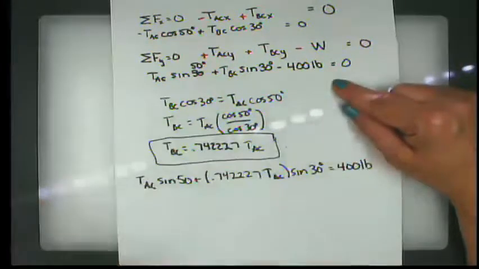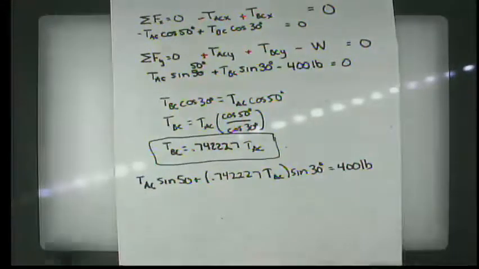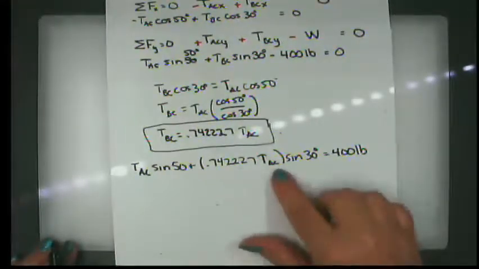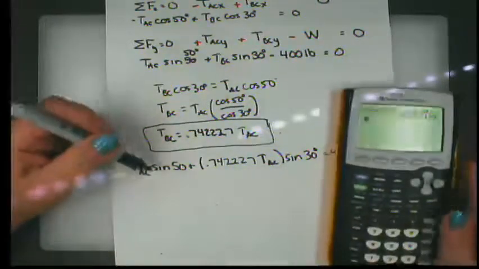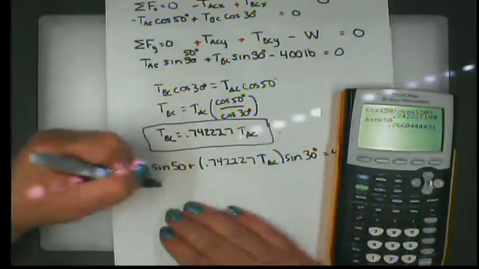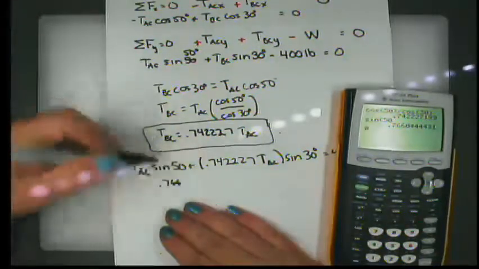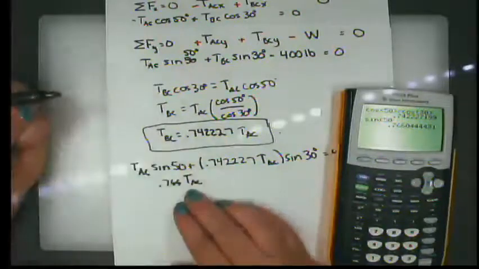Or I'm going to take that 400 pounds and pull it over to the right-hand side of the equation, at which point it becomes positive. So I'm going to find the numeric value for the sine of 50 degrees. And that is 0.76644. So in other words, I can say that this is 0.766 TAC.